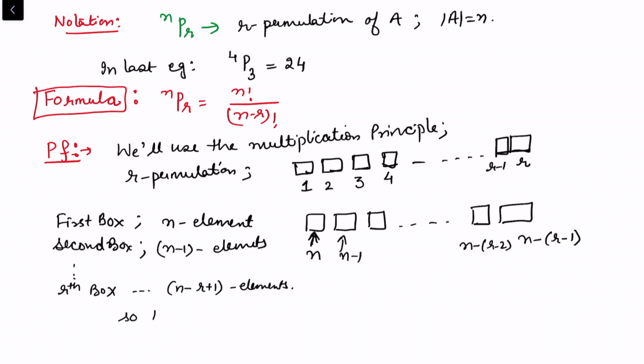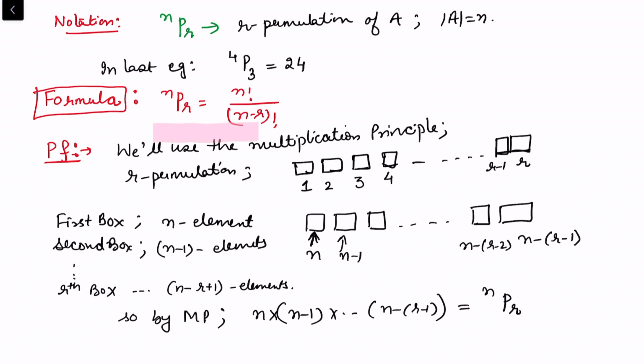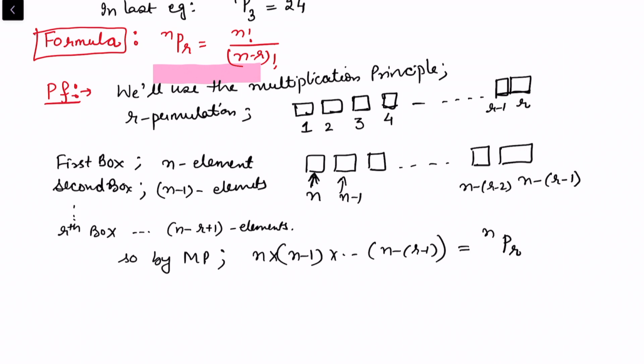Now simply by the multiplication principle, there are n into (n minus 1) and so on up to (n minus r plus 1) choices, and this is what we use for the formula nPr. But because we want to keep this in a nice factorial form, we can write this as n into (n minus 1) into and so on up to (n minus r plus 1), and then we write (n minus r) up to 1.